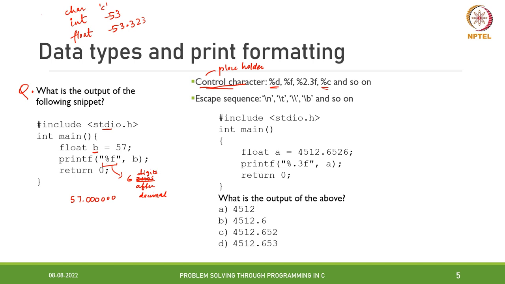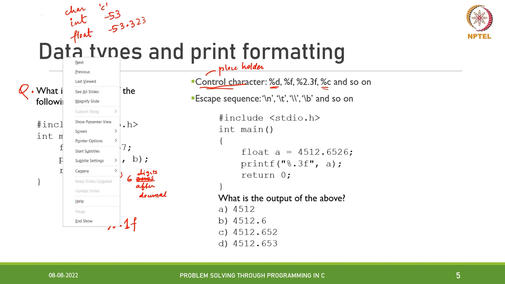Okay. Now, if we want to format it properly, like I want to get only 57.0. Why should I get 57.6 zeros? It doesn't look good. So instead of percentage f, I would write percentage point one f. Okay. Now this point is also important.